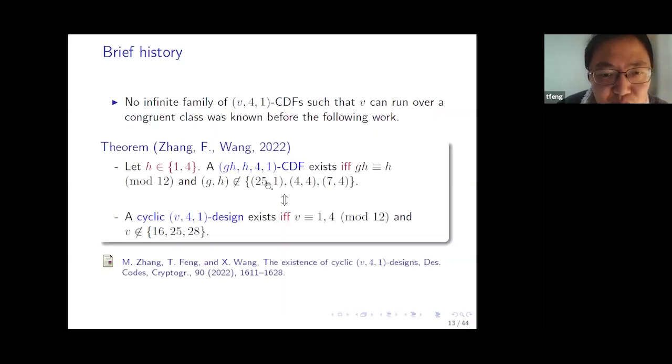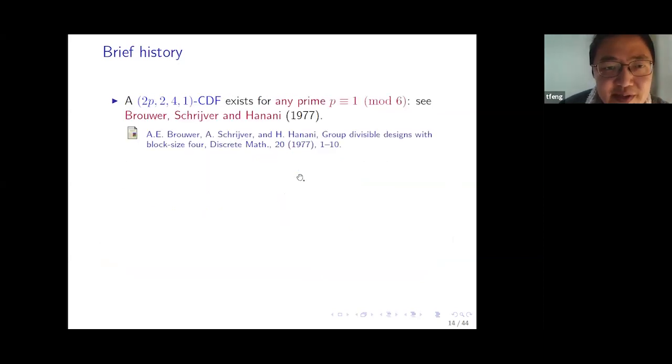Okay, so when the existence of cyclic designs is solved, that means when h is 1 or 4, the existence of CDFs we have solved. For the general case, the known results on the existence are much smaller.